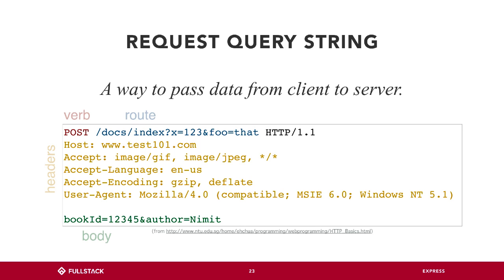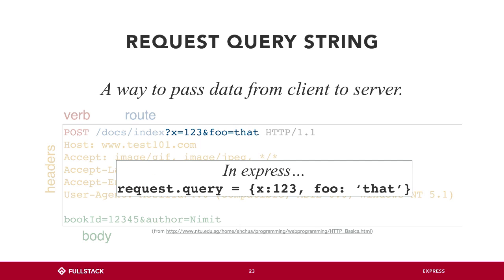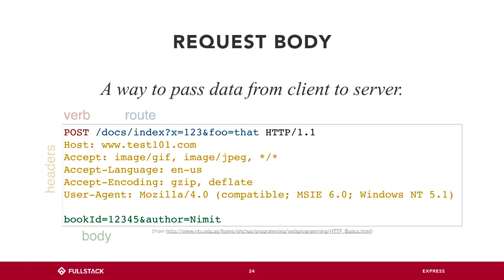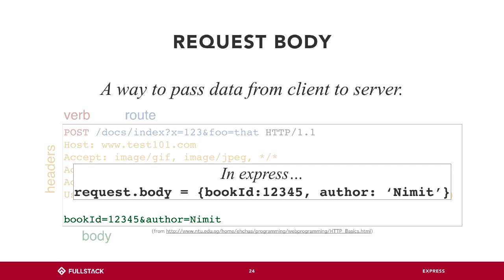We could do it with a query parameter, which we didn't do, but if we did, we could access it by saying request.query, and Express knows how to parse that URL because that's the only way the URL could get encoded. And we could also pass a body, and in order to do this, we need to use some middleware.